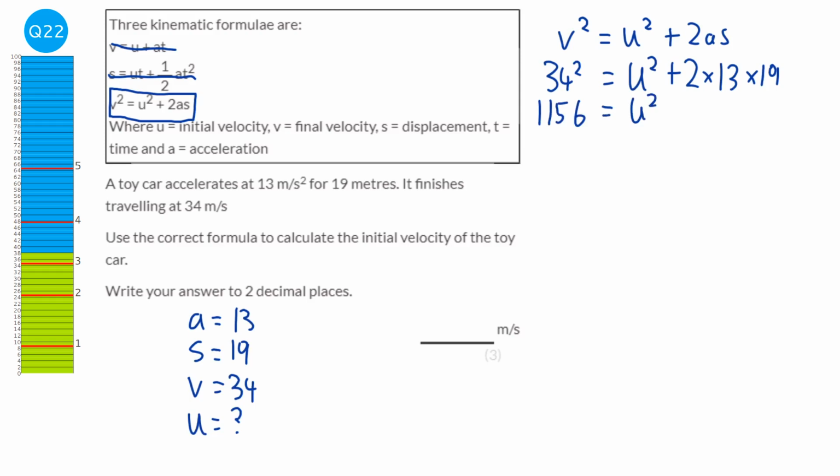We've got 2 times 13 times 19, which is 494. And it turns into a solving part, so we're just going to solve this. The first thing I'm going to do is subtract 494 from both sides.